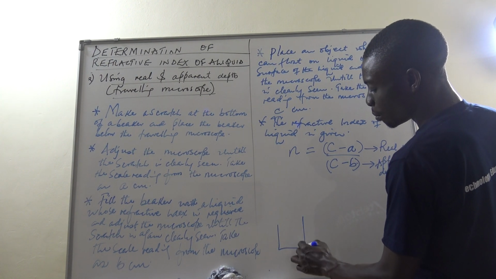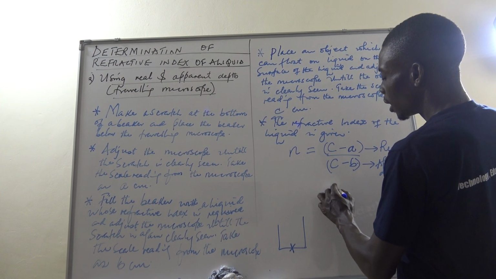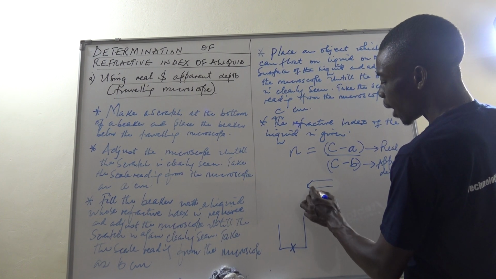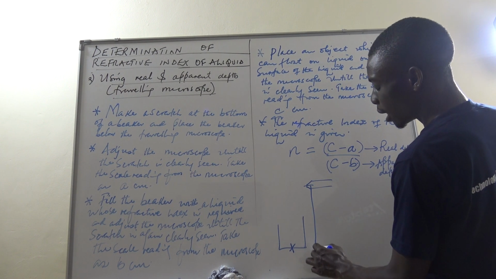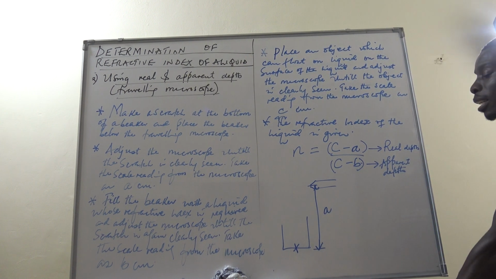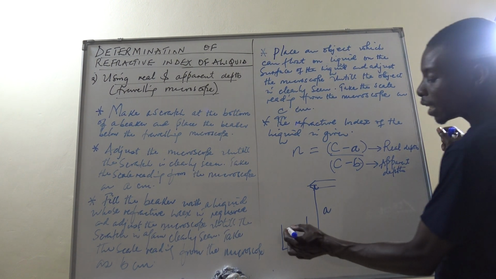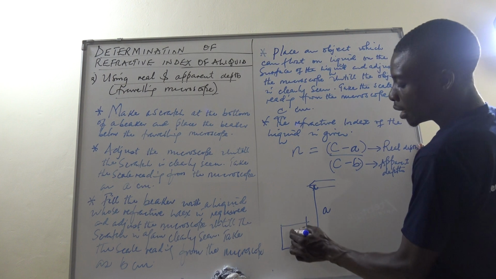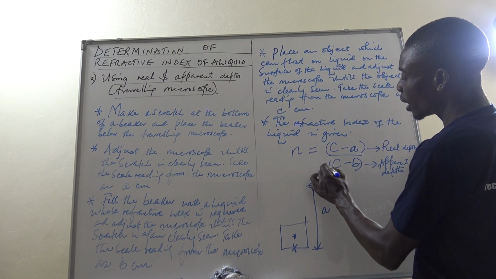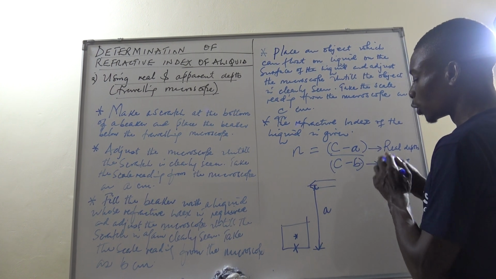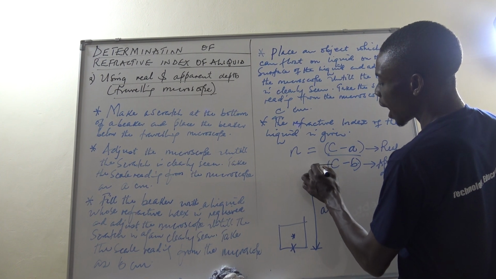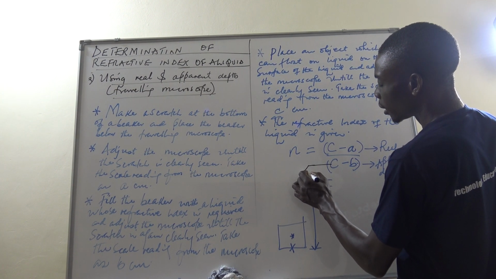Okay? So this is where we can determine the refractive index, because say that if I have this as my beaker, you have put a scratch, assuming your microscope is making observation from here, I will measure the height from here for the scratch as A. Is that okay? And now if you add liquid here up to some level, the scratch will appear to be raised to some point here. So to observe it well, you should raise this microscope to some other level here.